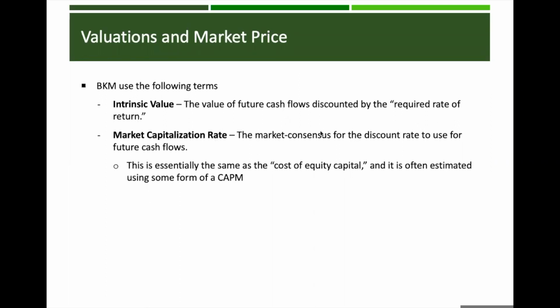So that required rate of return, that's an important thing to figure out. That's the market capitalization rate, the market consensus for the discount rate to use for future cash flows specifically tied to equity. So the equity cost of capital.